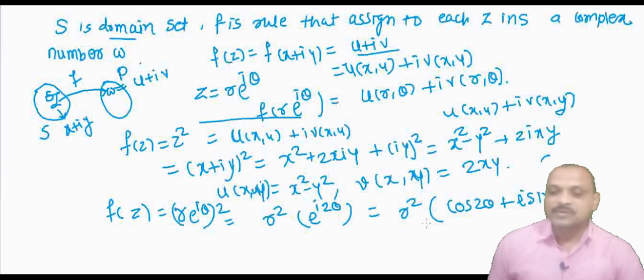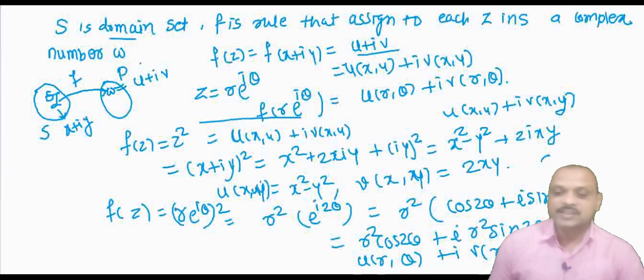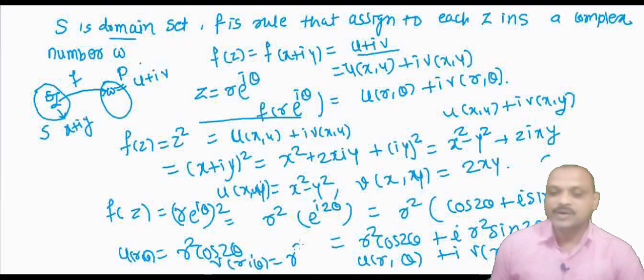This is equal to r square cos 2 theta plus i into r square sine 2 theta. Now compare this with u of r comma theta plus i into v of r comma theta. So we easily get u of r comma theta equal to r square into cos 2 theta, and v of r comma theta equal to r square sine 2 theta.